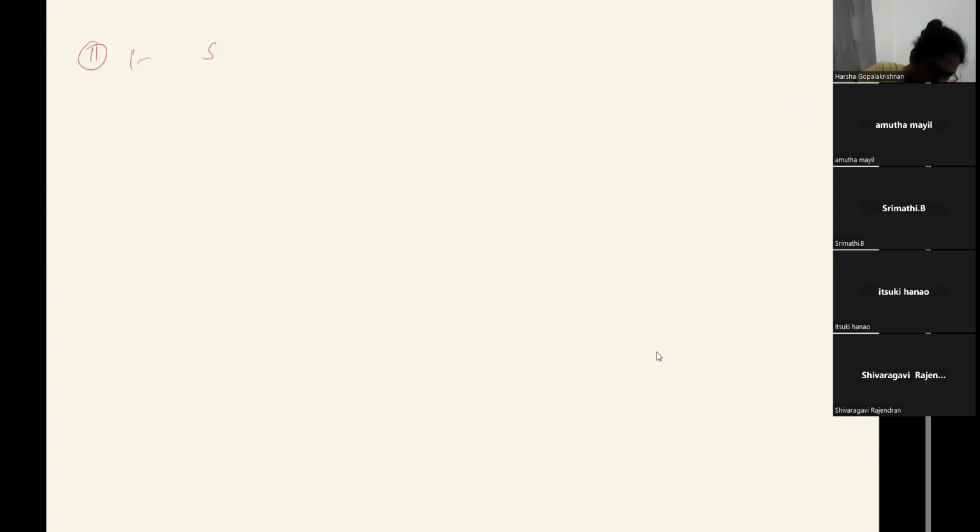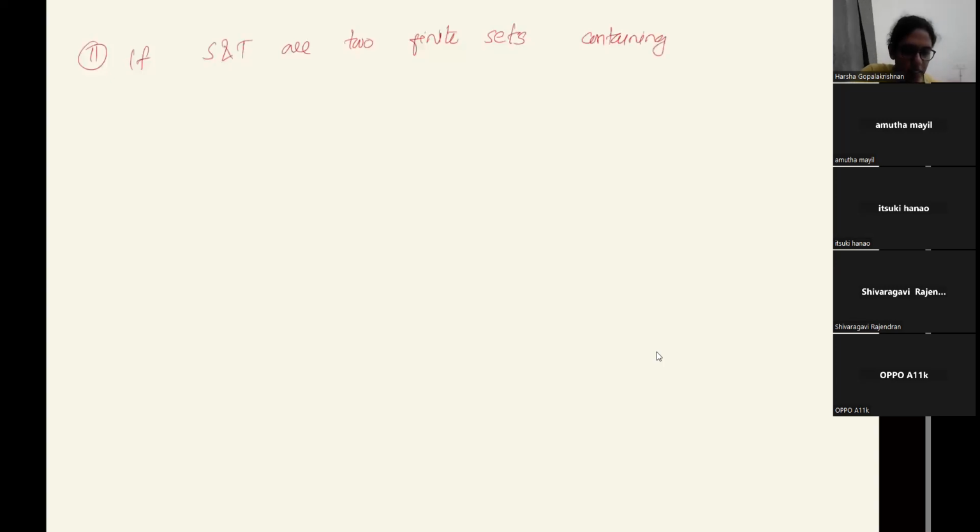If S and T are two finite sets, what is meant by a finite set? Limited. The number of elements is limited. That means we can say 5 elements, or 10 elements. The elements are limited.